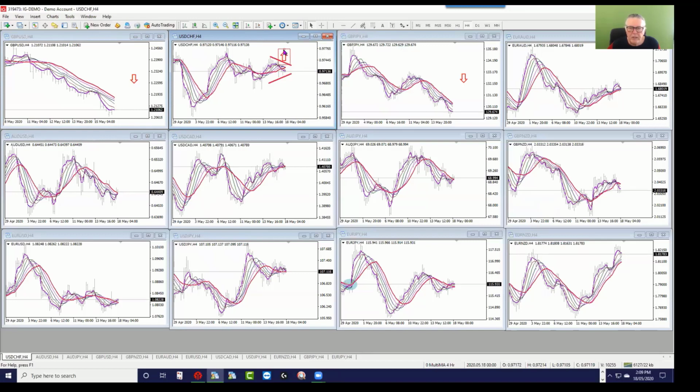You straddle the market, bearing in mind I've drilled down to the 4-hour chart. In most cases, it looks like you could actually do quite a good straddle on these consolidating markets. So that's exactly what you would do.